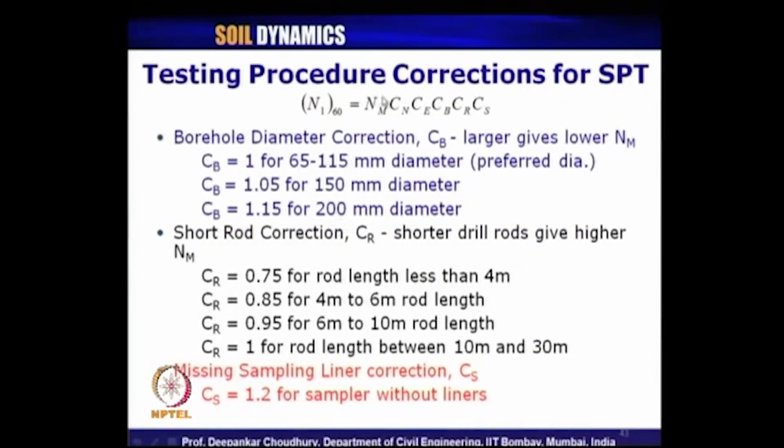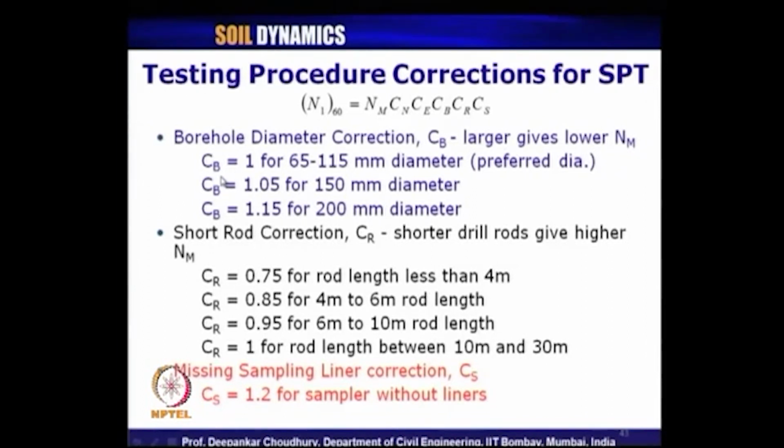And testing procedure corrections, that is, all the remaining 3 corrections CB, CR, CS, are called testing procedure corrections. CB is the borehole diameter correction factor, and the larger borehole gives us the lower value of Nm.